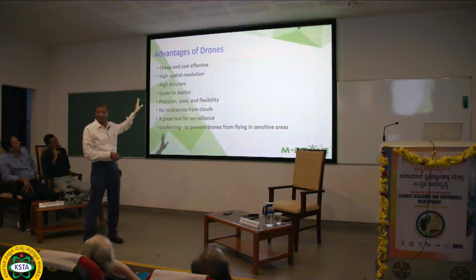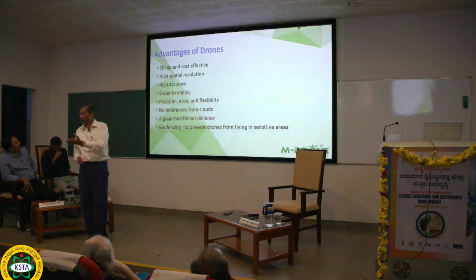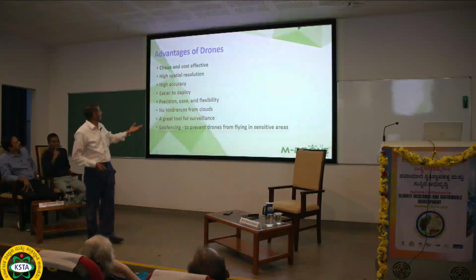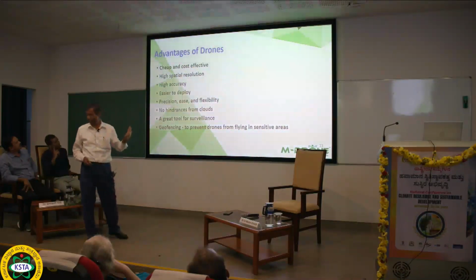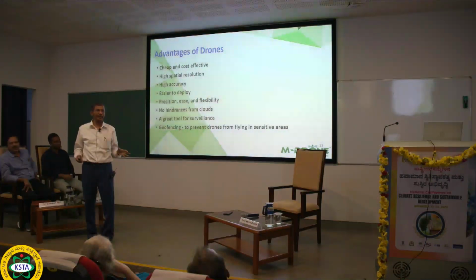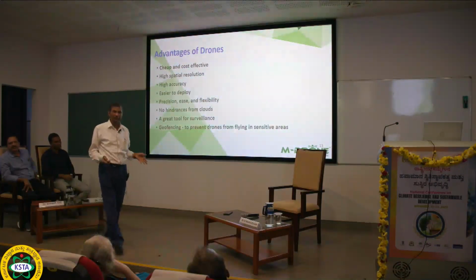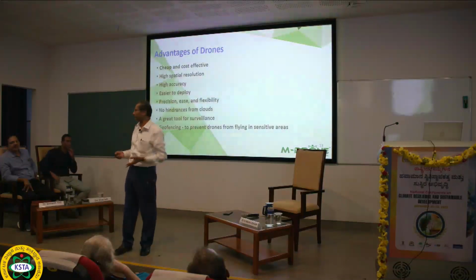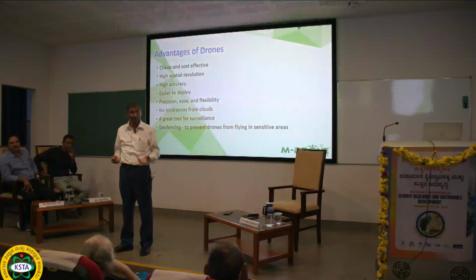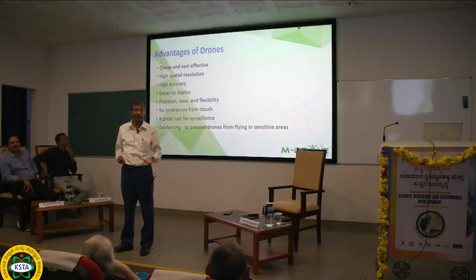So the biggest advantages of drones, I'm sure you will be able to tell now. One is cheap and cost effective. Depending on the type of drone, it may cost anywhere between 4 to 6 or 10 lakhs. Even each farmer can afford it today if he has a large chunk of land.